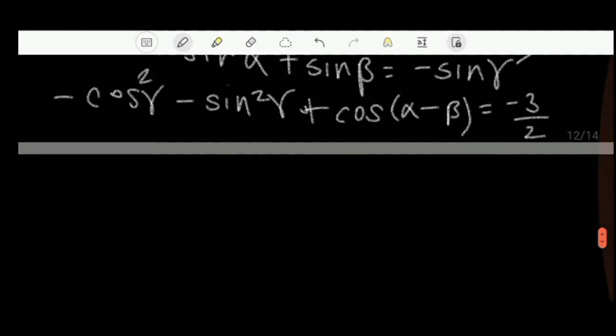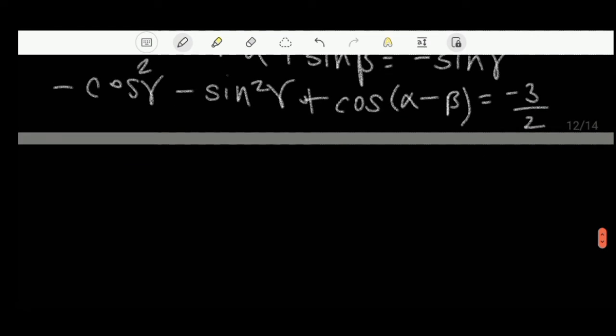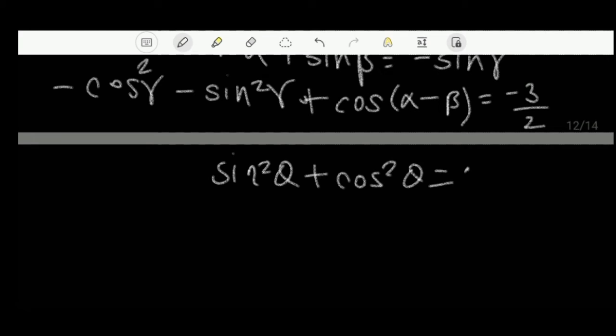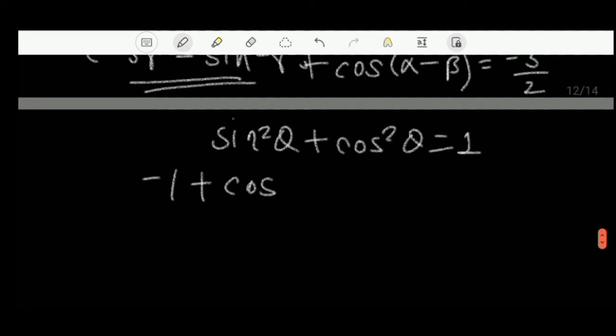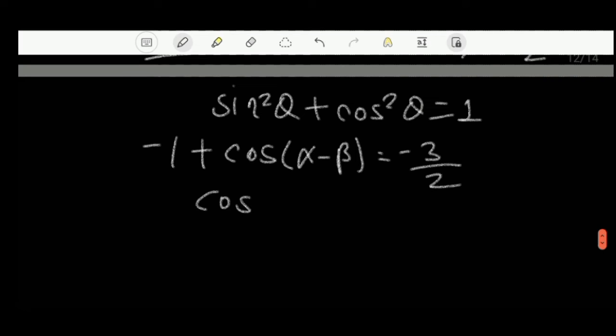And now we know the identity that sine square theta plus cos square theta equals 1. So we can simply substitute this over here. So we'll obtain minus of 1 plus cos(alpha minus beta) equals minus 3 by 2. So we'll obtain the value of cos(alpha minus beta), which is minus 1 by 2.